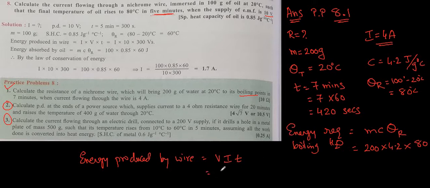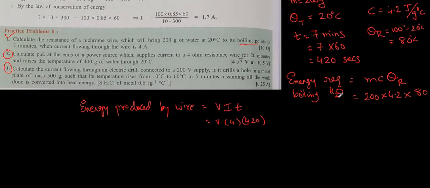So here V is what, I is what, and T is what. Okay. So we got everything. We have to find out V from here. So here we go, both of them are going to remain the same by the law of conservation of energy.